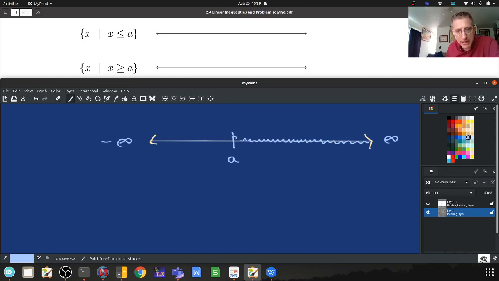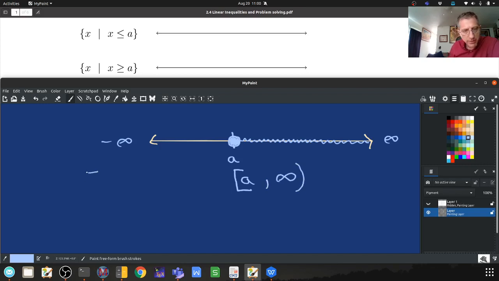So to indicate that A is included, I write my circle, but I fill it up. It's a filled circle. I should have just freehand filled it up. So to indicate that A is included, we write what's called a closed interval sign, and the squiggly lines here are just replaced by a comma, and we go there.